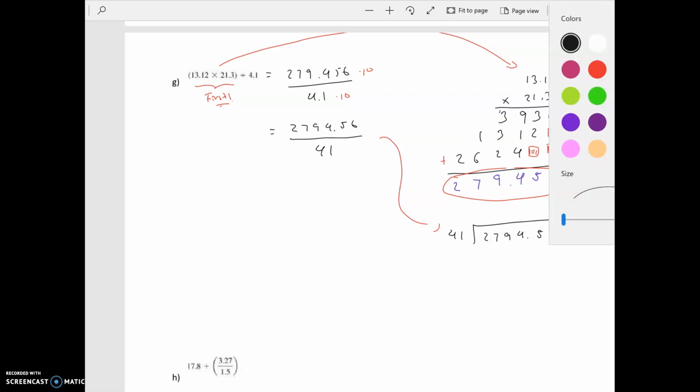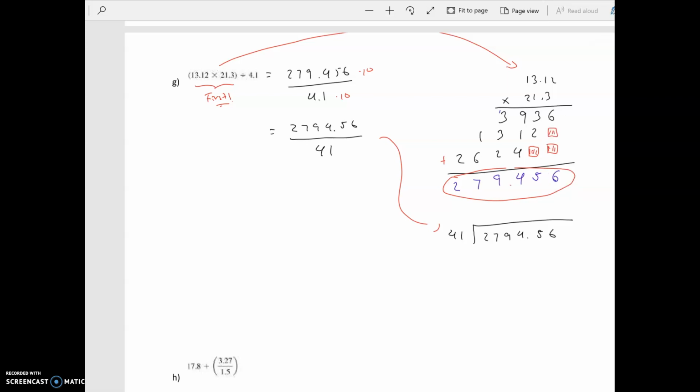Okay, so let me start looking at the actual values. 41 does not fit into 27, so we're going to have to look at, in this case, 279. It should be 6. Let's start with a 6, because that would be 24. It's close to 27. So I'm going to start with a 6. 6 times 1 is equal to 6, and 6 times 4 is equal to 24.